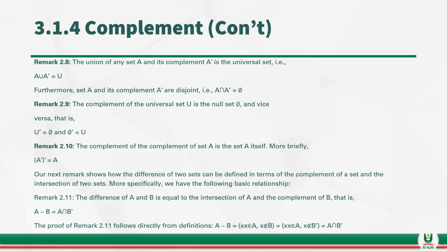Can we take another remark? Sure, sir. The difference, that's remark 2.11. The difference of A and B is equal to the intersection of A and the complement of B. That is, A minus B is equal to A intersection B complement.